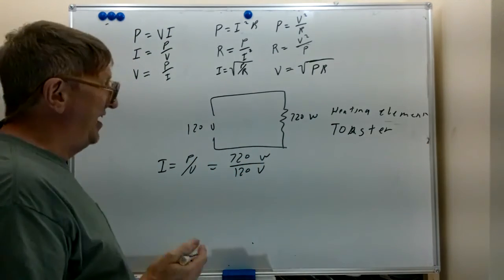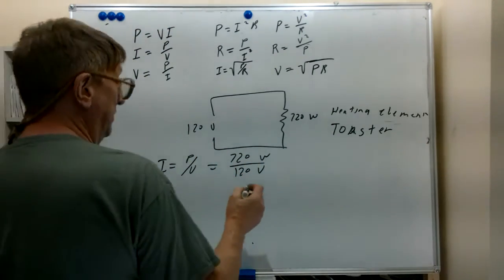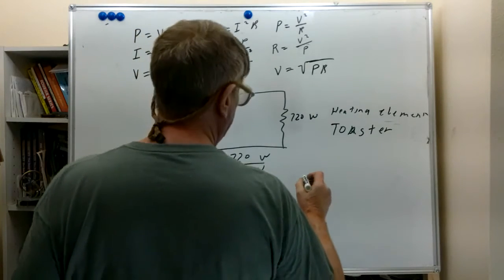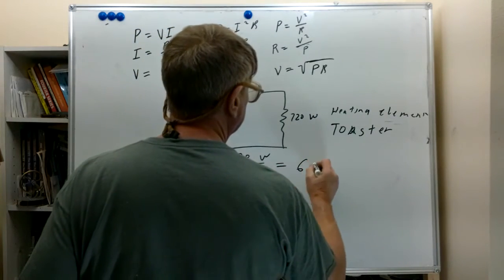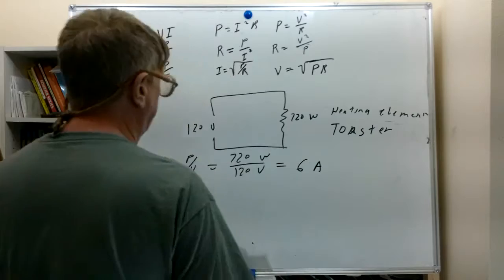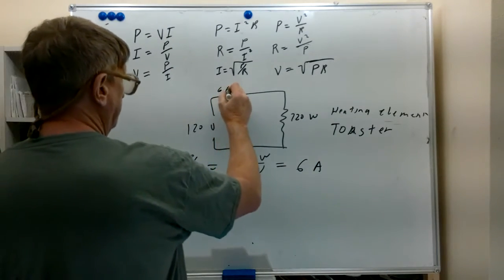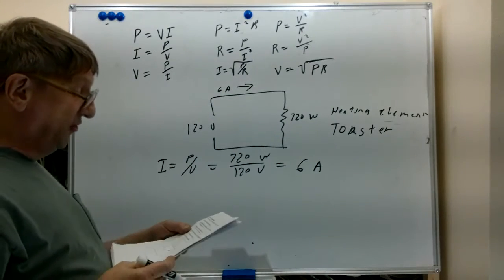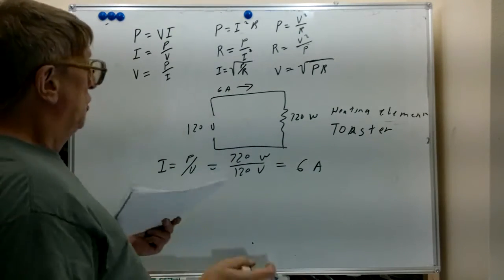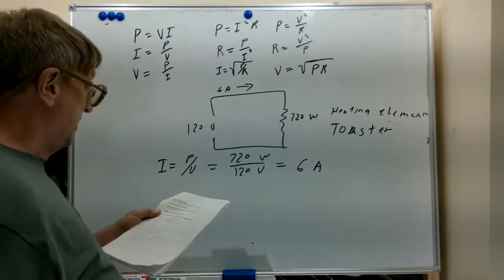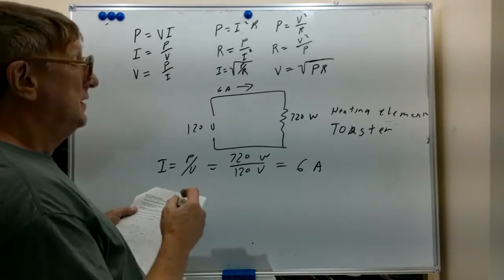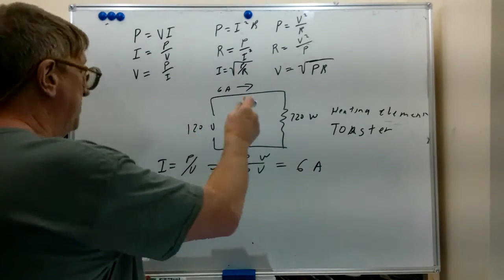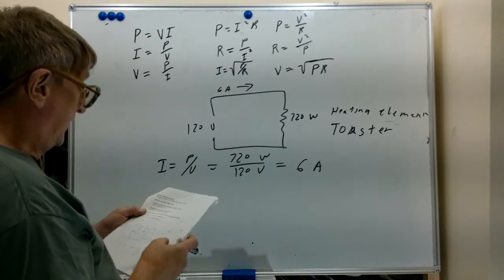If we divide 720 by 120, we end up with 6 amps. So let's draw a little arrow here, 6 amps. Given the voltage and given the power, we're able to determine the current.